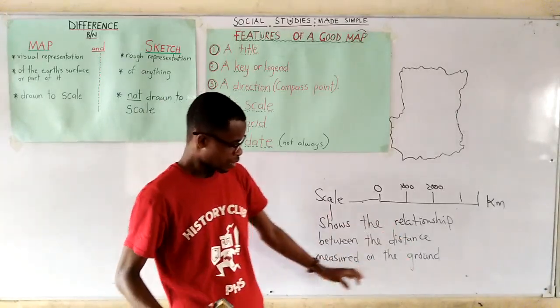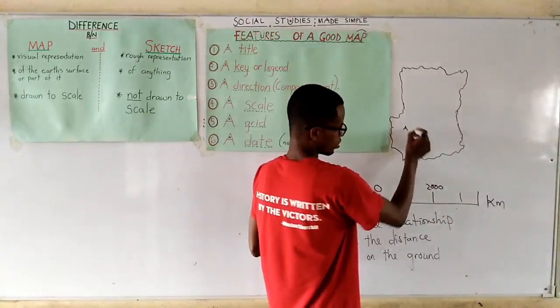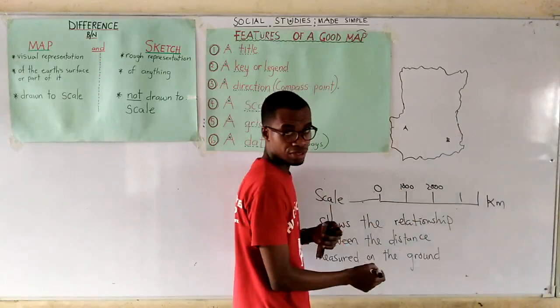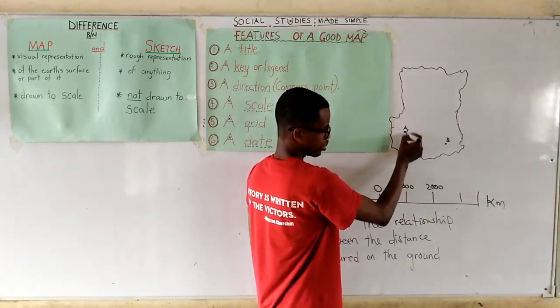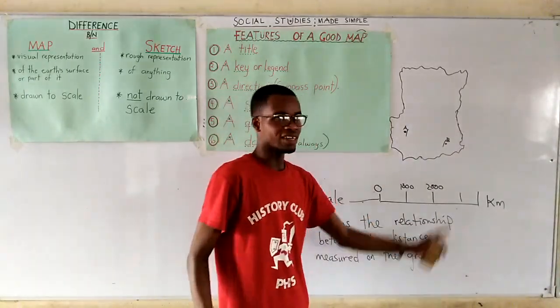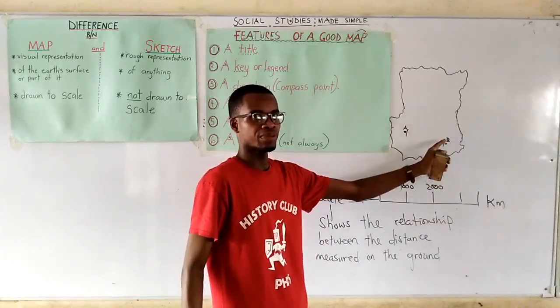So when you measure 2 points, if I place town A over here and town B, the distance between town A and town B will be called the map distance, not the ground distance. This is the distance on the map, so we call it the map distance.